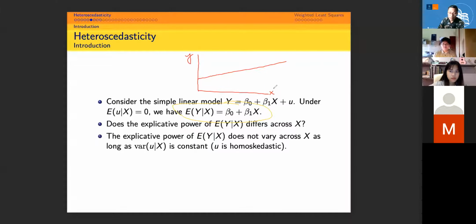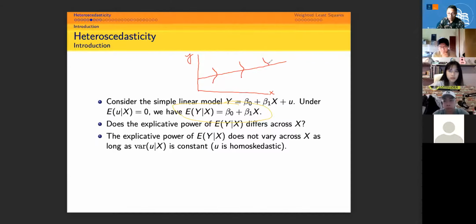The first scenario is that the explanatory power of the regression line does not vary across x. Basically the variance of the unobserved factors is constant for all x. So the explanatory power of the regression line is relatively similar for different values of x.